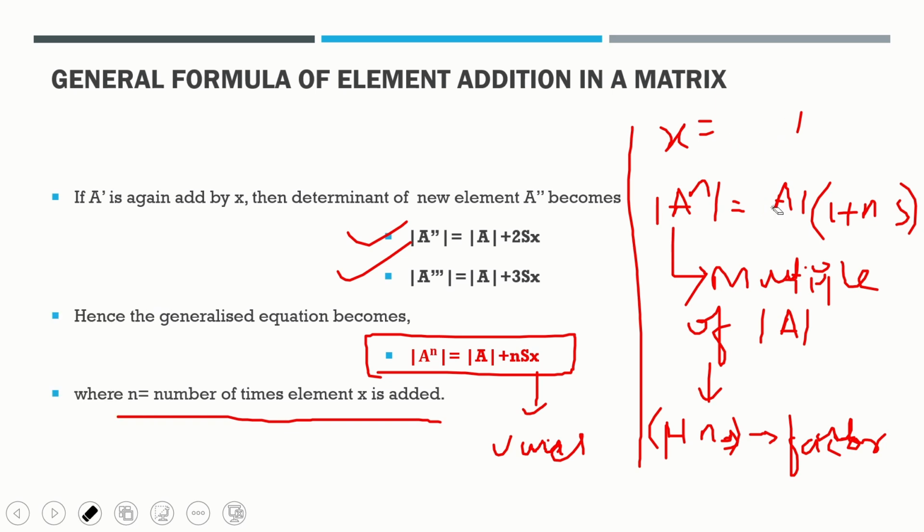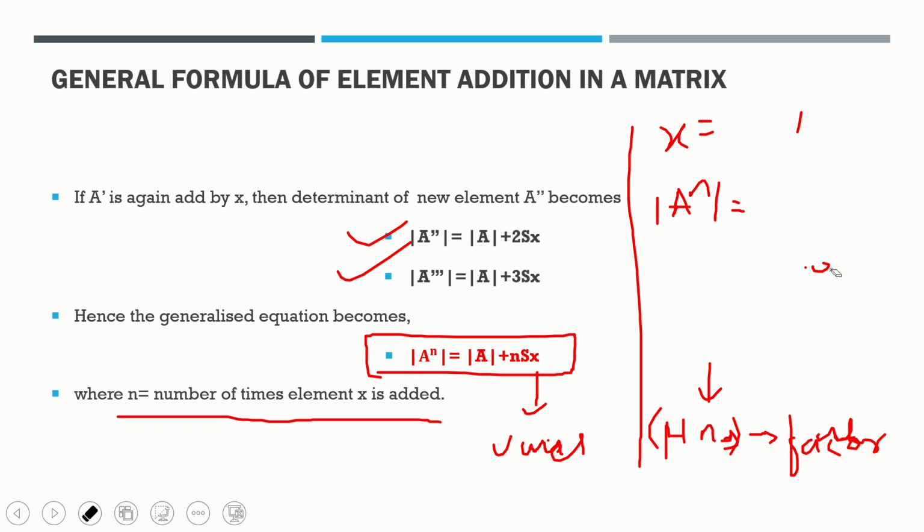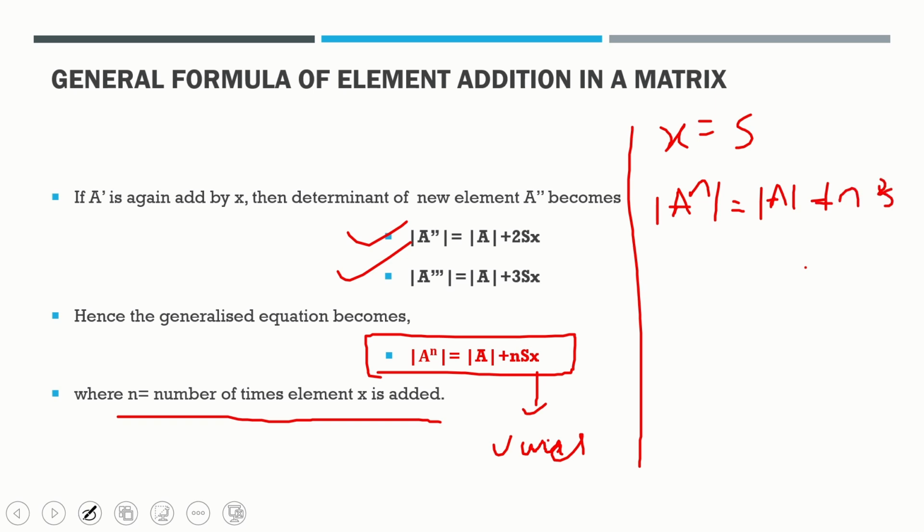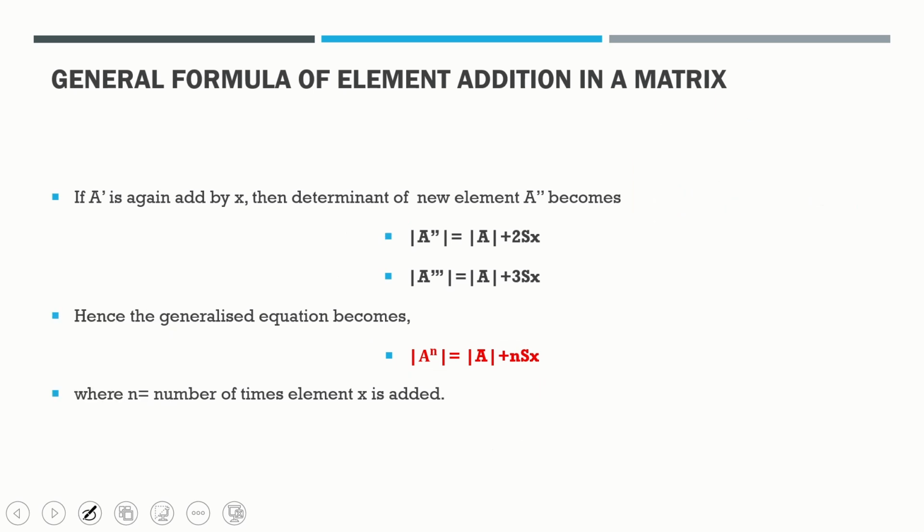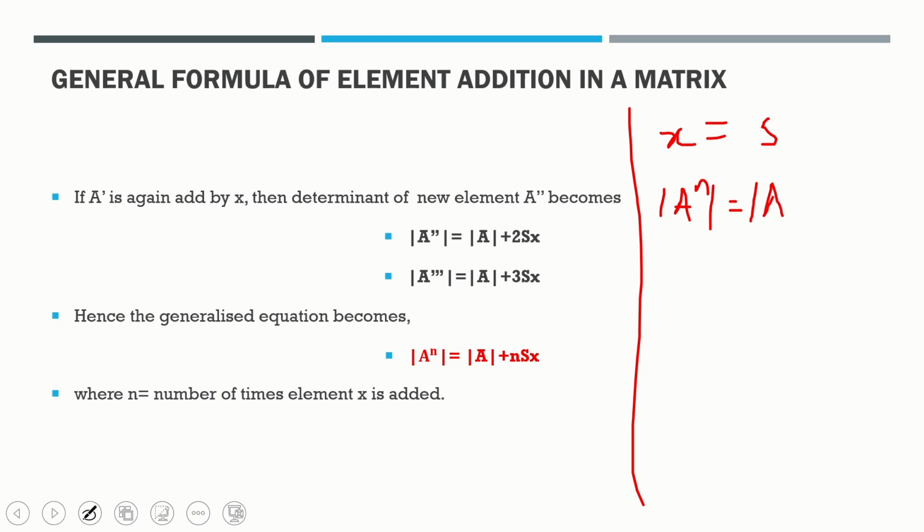Suppose, consider x is equal to s. Then you will get the answer as, suppose you consider s as x, your det a power n becomes det a plus n s square, right?